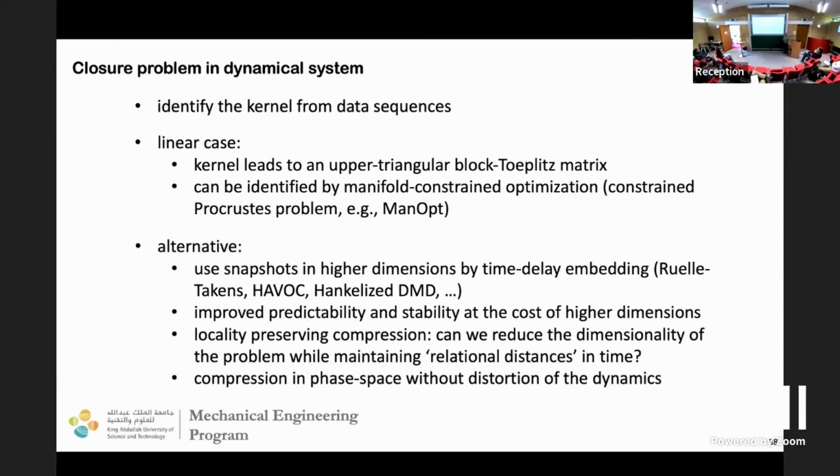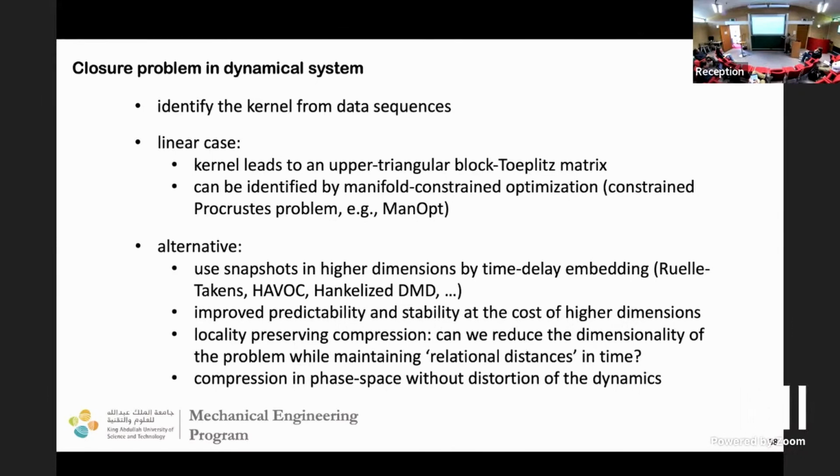If I take snapshot 17 and snapshot 37, two arbitrary snapshots, and I calculate the distance between them, and then I calculate that same distance from the compressed 17 and 37, that should be the same. Is there a technique that does that? There is, and it works quite nicely.